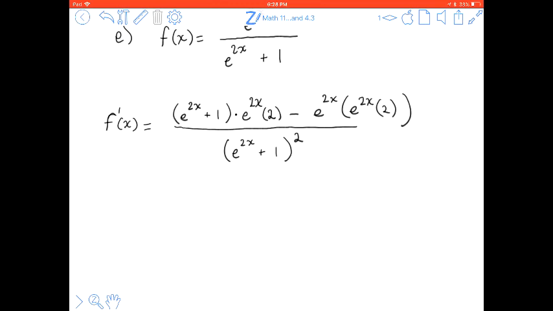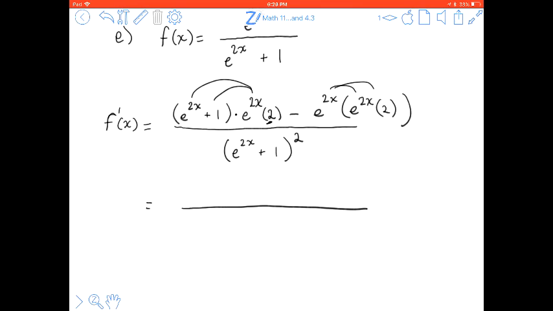So simplifying would be distributing in the numerator. So we could take this term, multiply it there, and take that term and multiply it there. So e to the 2x multiplied by, or rather 2, I've got to carry this 2 with it, so 2 times e to the 2x multiplied by e to the 2x.